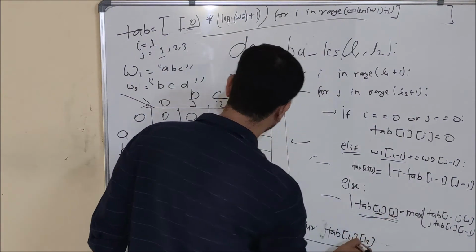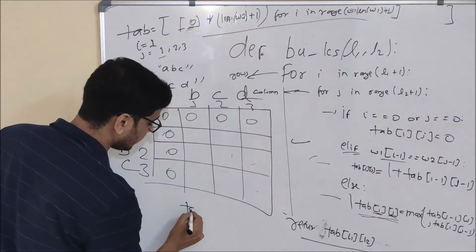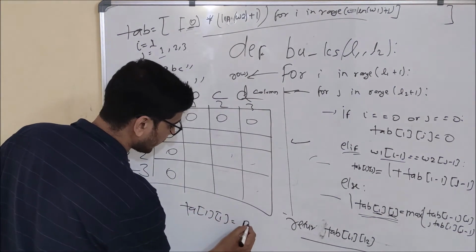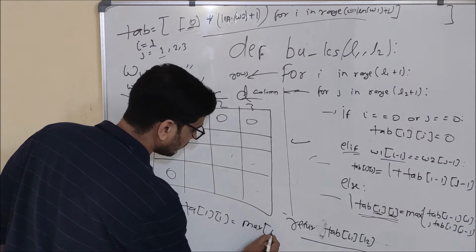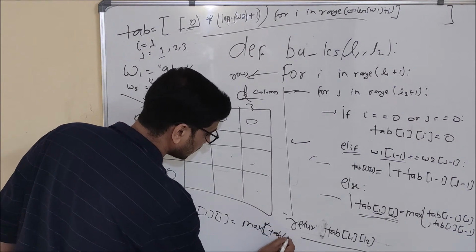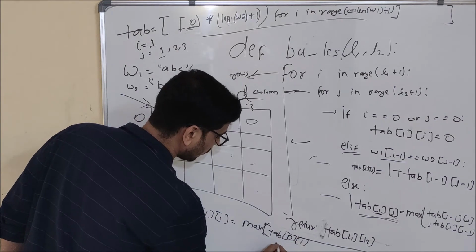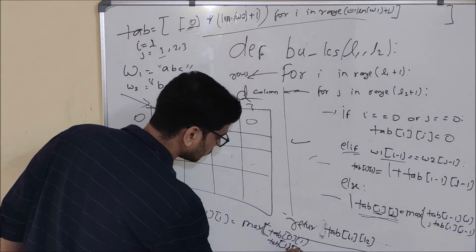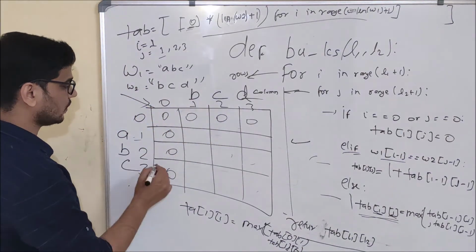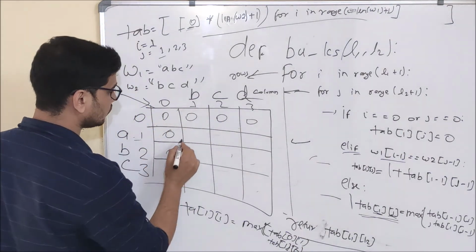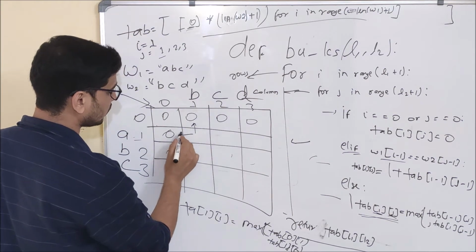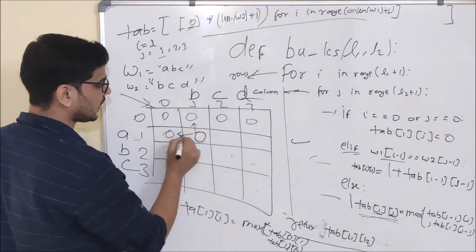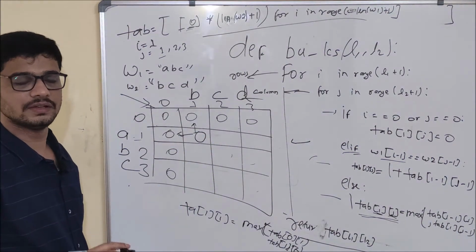In tab of 1 comma 1, we will update max of tab of 0 1 or tab of 1 0. What is tab of 0 1? Tab of 0 1 is this value and tab of 1 0 is this value. So I will choose the max. As you can see here, it is 0.